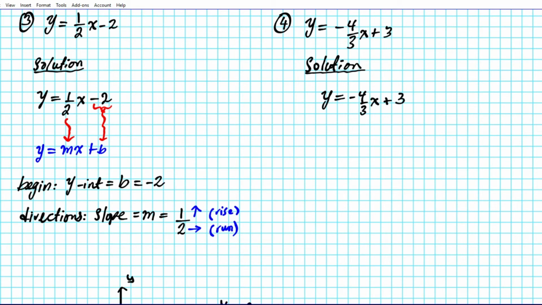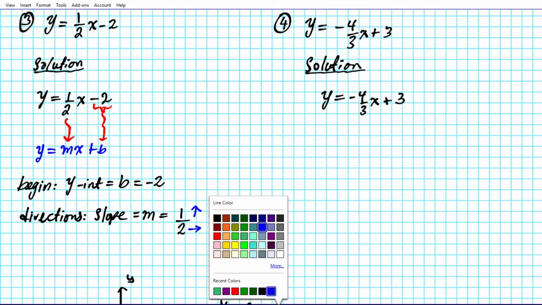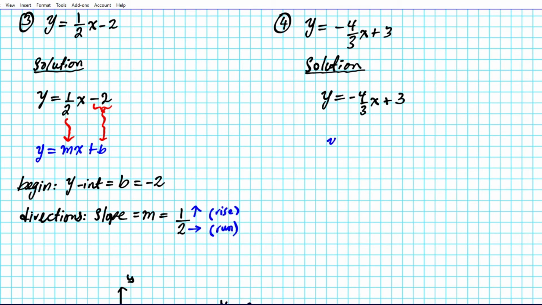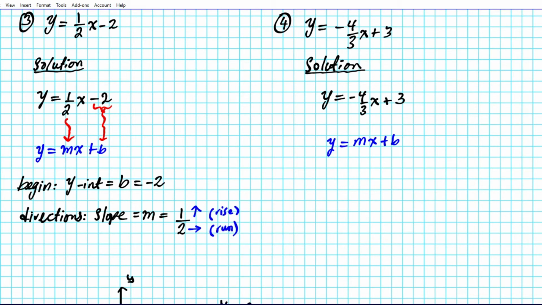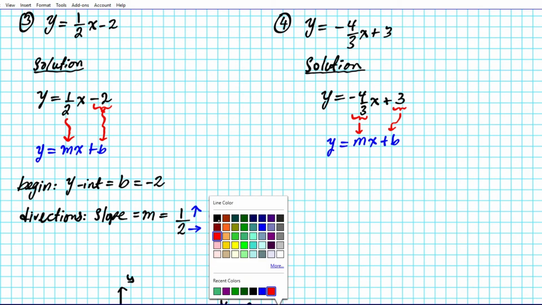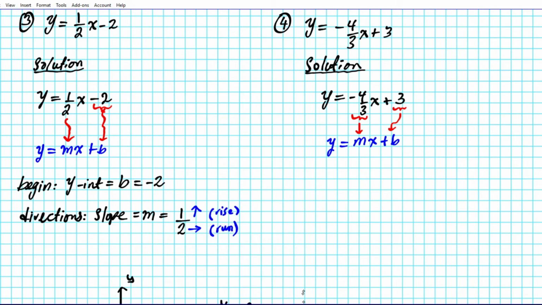And the formula that will guide our determination of m and b is the slope-intercept form, y equals mx plus b. So from this setup, we can clearly see that our m is -4/3 and our b value is +3.